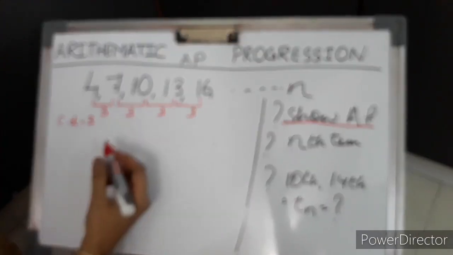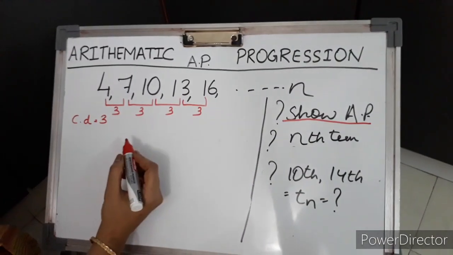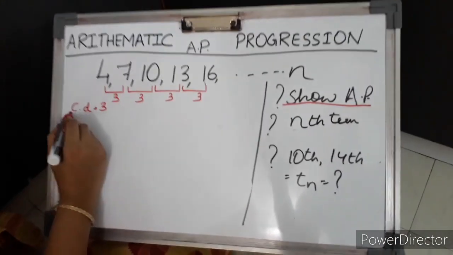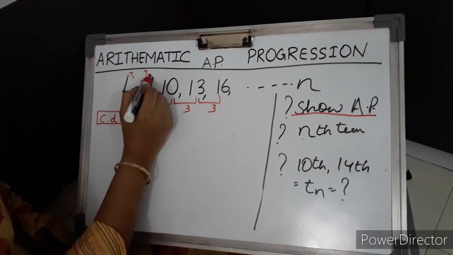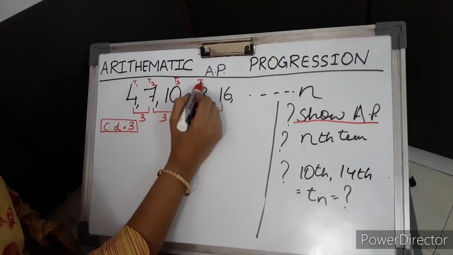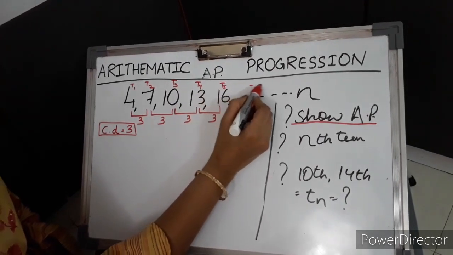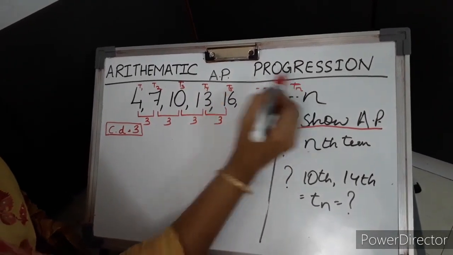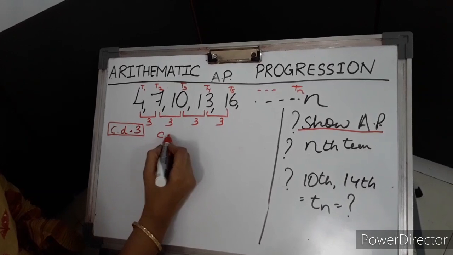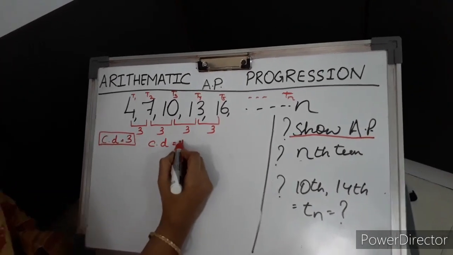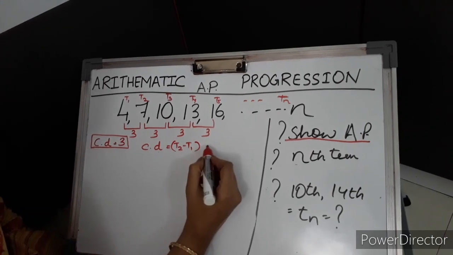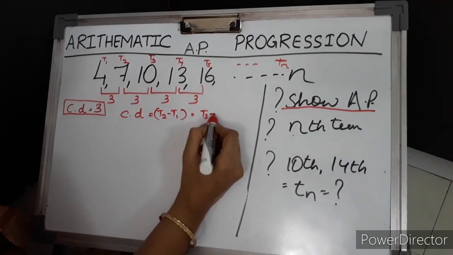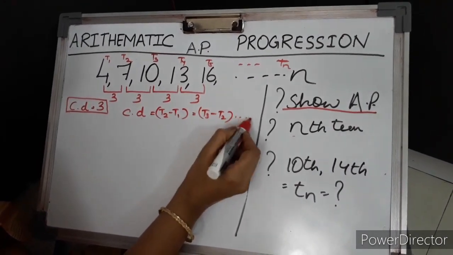But dear friends, this is maths and we need marks. For that we have to frame one formula for common difference. What can the formula be? T1 is the first term, then second term, third term, fourth term, fifth term, up to the nth term. The formula for common difference is T2 minus T1 equal to T3 minus T2 and so on.